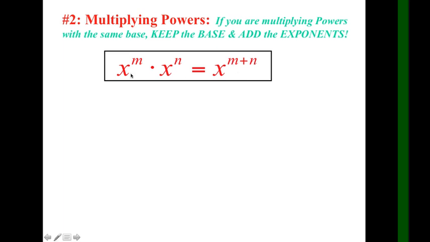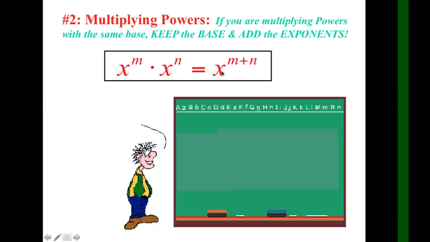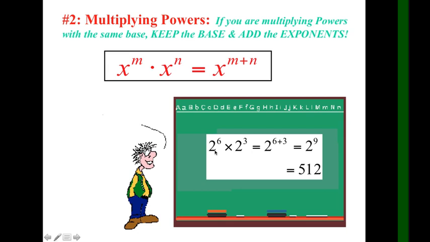Example, 2 raised to 6 times 2 raised to 3 equals 2 raised to 6 plus 3. 6 plus 3 is 9, so we have 2 raised to 9.